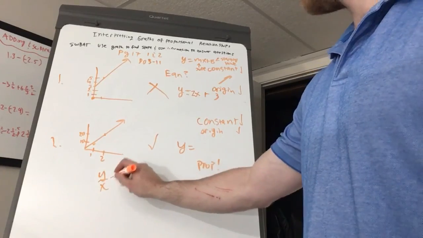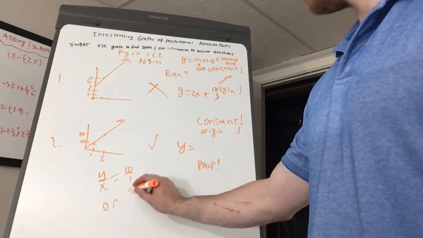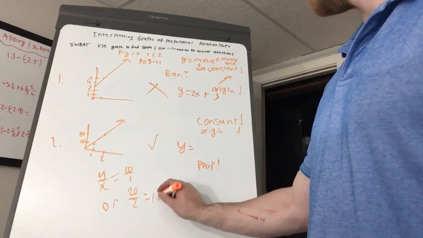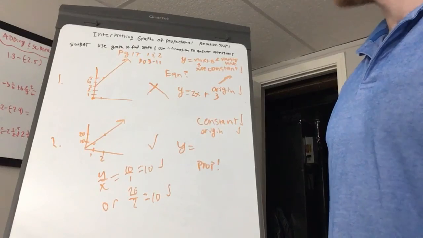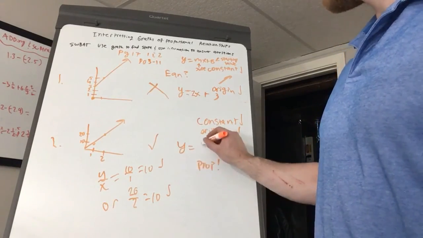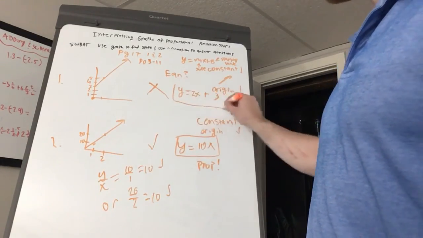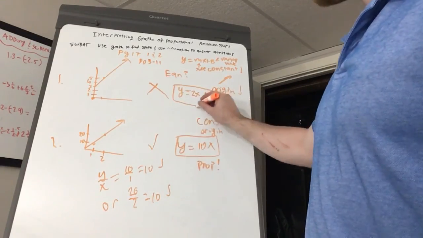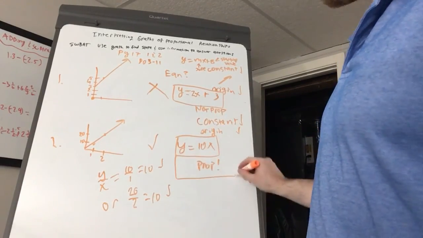Y over x is equal to 10 over 1, or 20 over 2, which is equal to 10. So that's consistent. They're both constant. So now write the equation. Y is equal to 10x. That's it. That is literally all you did. This one's not proportional. This one is.